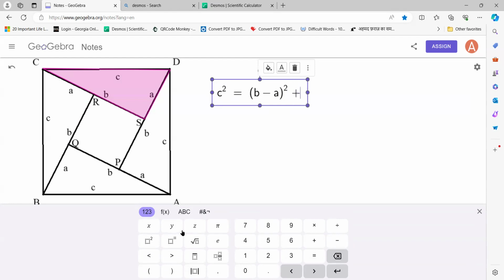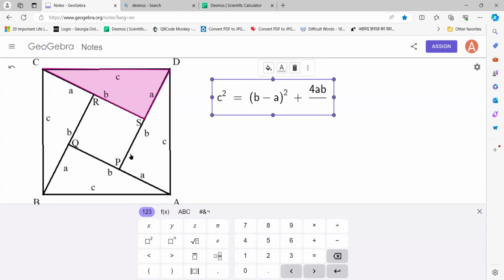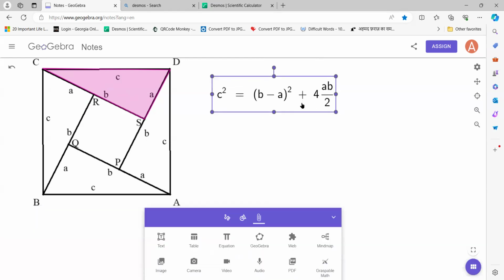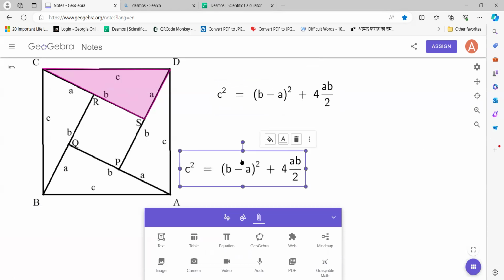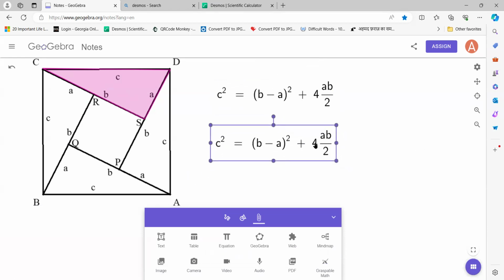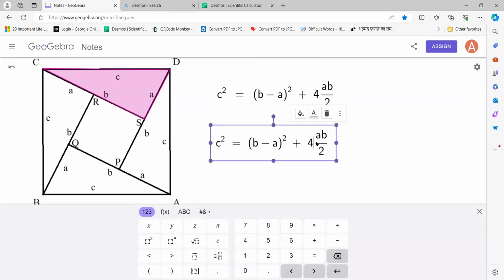And I need to find the area of each right triangle, which is half times height times base, A times B divided by 2, but I'm going to multiply it by 4. Not that it makes any difference. Instead of 4AB over 2, I can easily write 2AB.